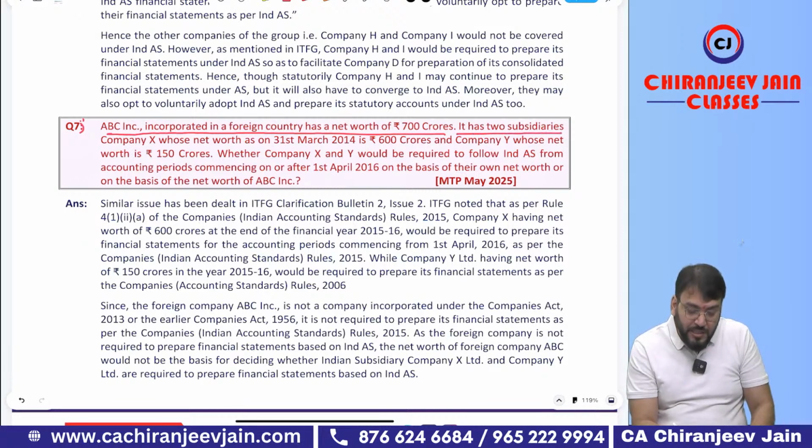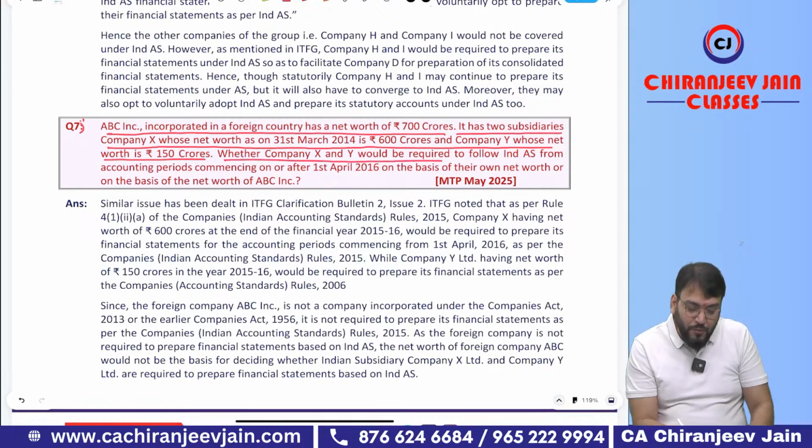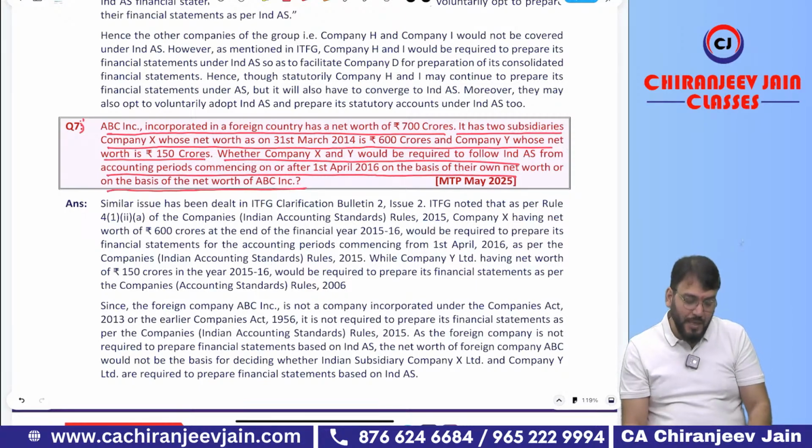It has two subsidiaries: Company X, whose net worth as on 31st March 2014 is 600 crore, and Company Y, whose net worth is 150 crore. Whether Company X and Y would be required to follow Ind AS from the accounting period commencing from 1st April 2016, on the basis of their net worth or on the basis of the net worth of ABC Incorporation. Have you understood the question?